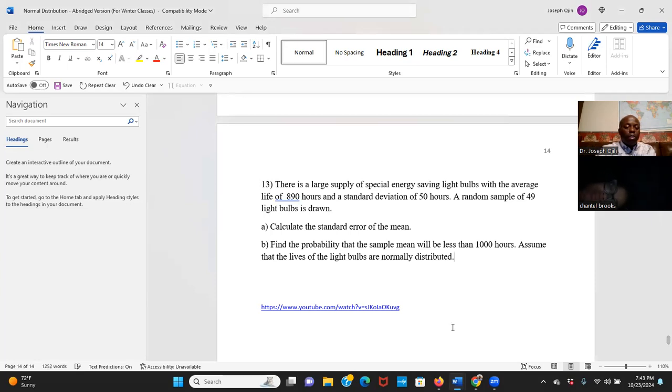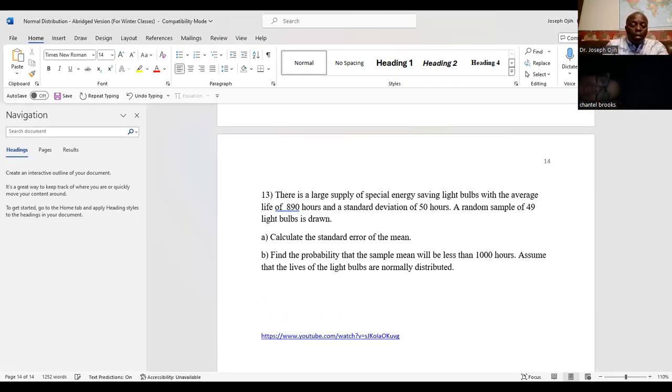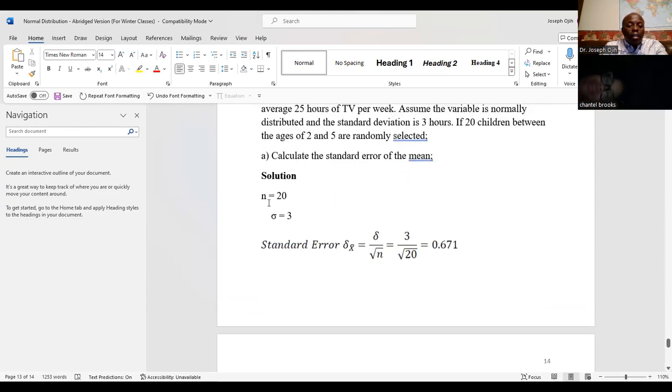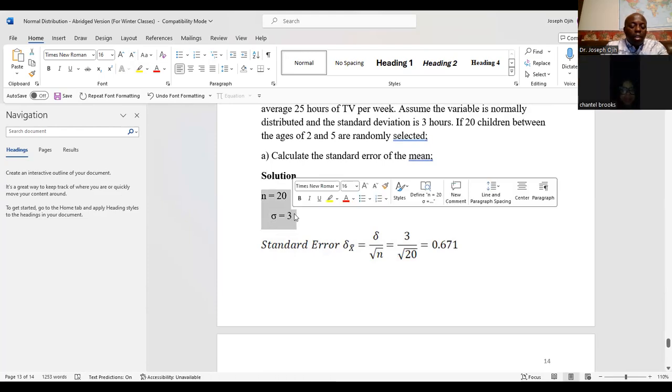Okay. So you start by, of course, writing your solution. Now I'm going to make this font size 18. Now, let me get the characters. n is the sample size we are given.